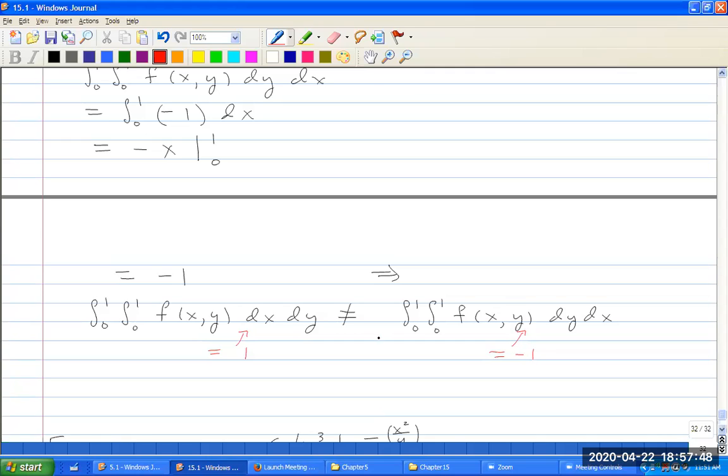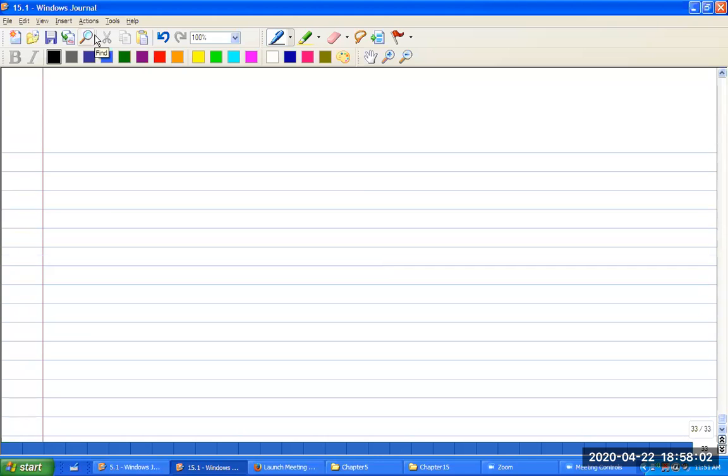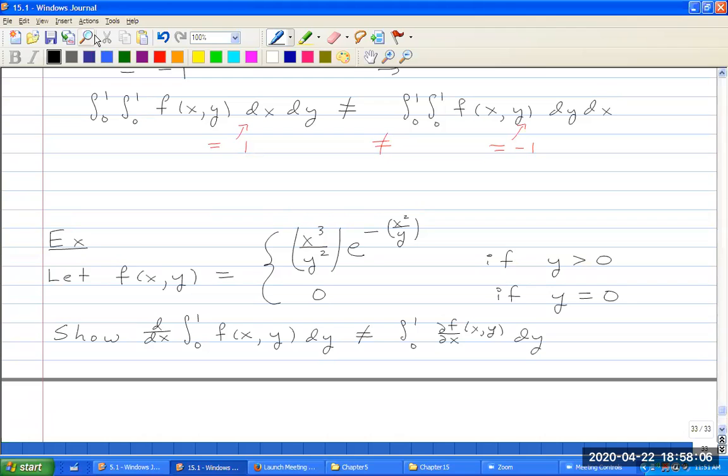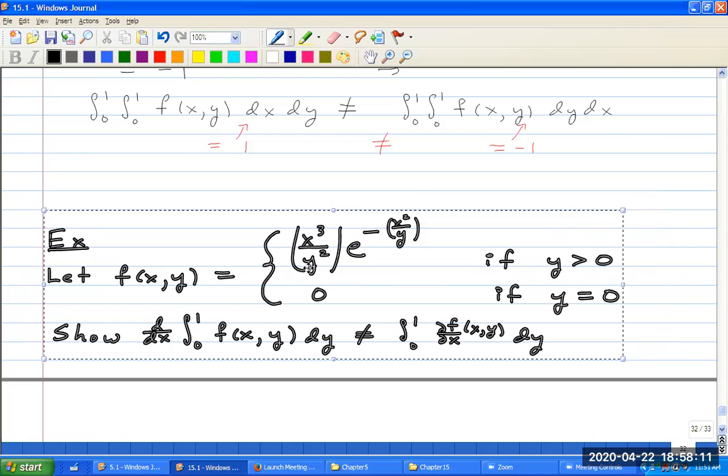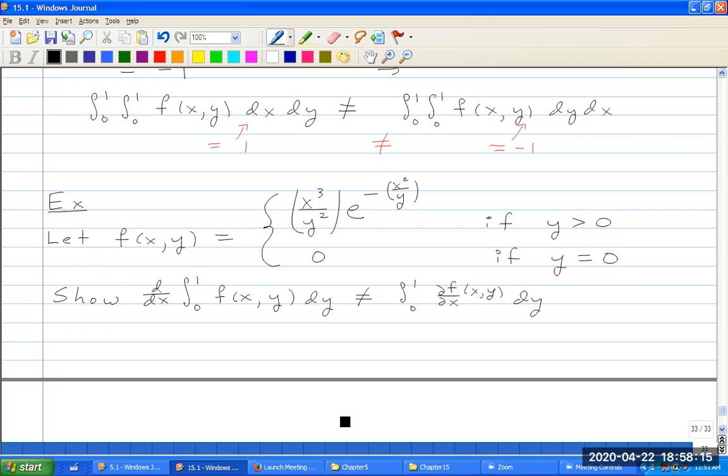So they're not equal. 1 is not equal to negative 1. And so in order for you to switch the order of integration when you're doing iterated integrals, be sure that all the conditions for Fubini's theorem hold. Otherwise, what you're doing could be incorrect. You always have to check all conditions hold. If not, you could be in trouble.